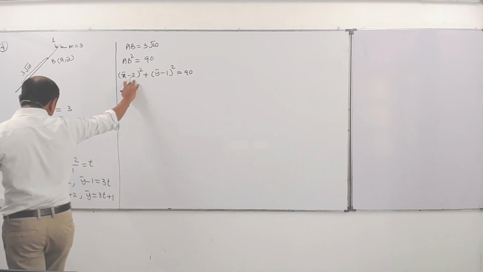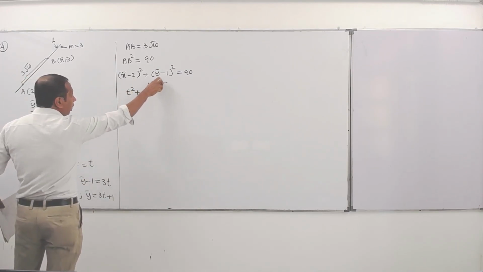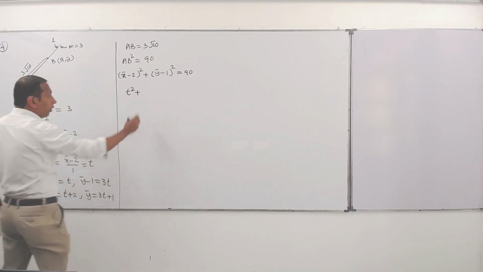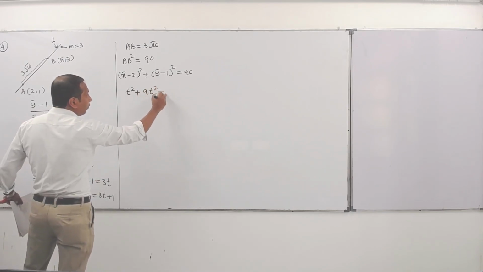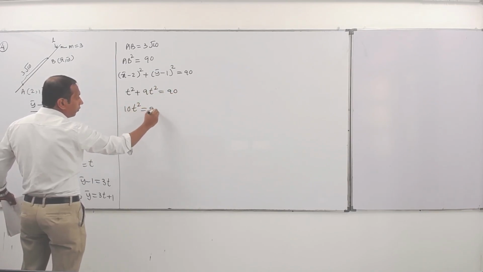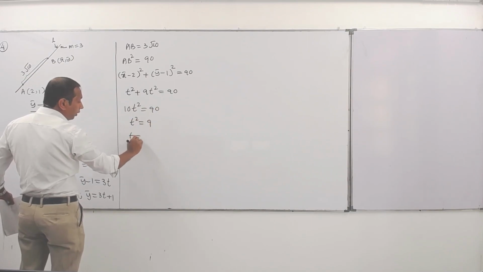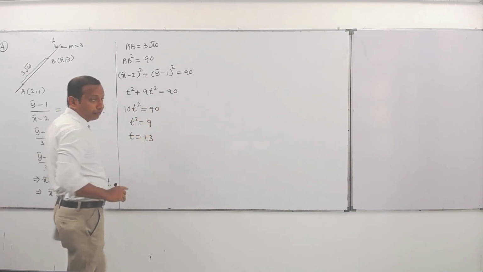X bar minus 2 is t, so this is t squared. Y bar minus 1 is 3t. Then we get 10t squared equals 90. Then t squared equals 9. T equals plus or minus 3.